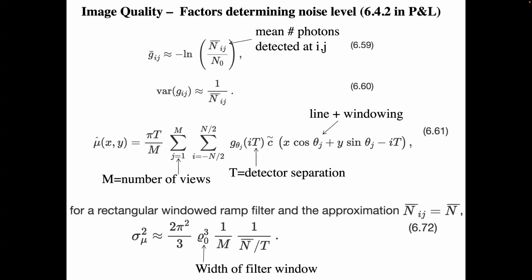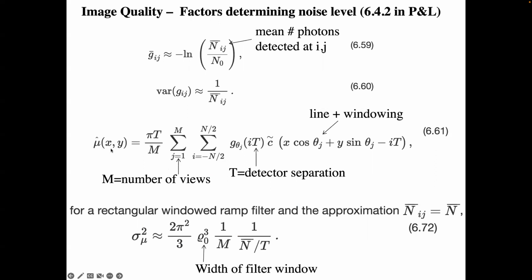How is it affected by the width of the detector, etc.? So he looks at it in a discrete way and says, here's our mean number of photons detected at any point divided by the incident number, and he's going to work out what the variance is on the estimate of mu at a point as a function of CT imaging parameters, okay?